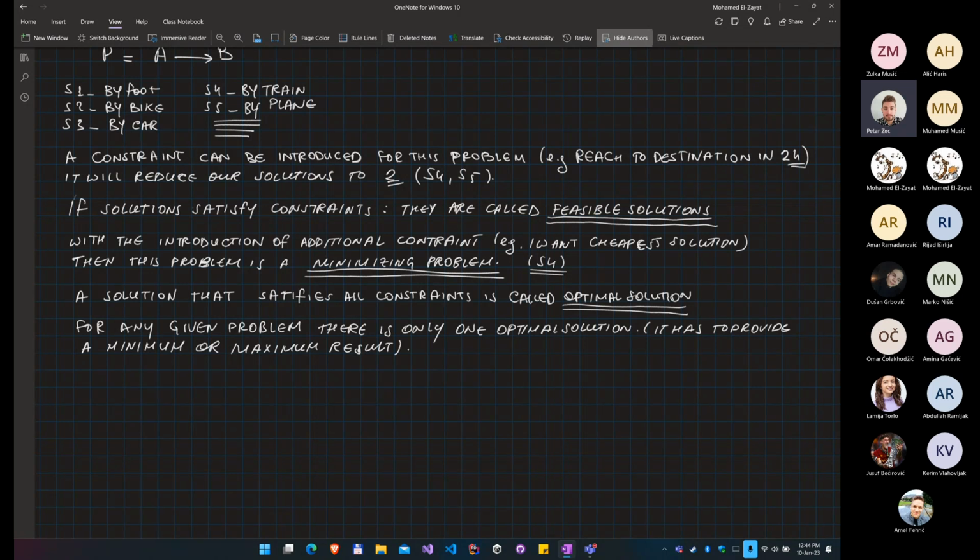So this is basically it. So basically speaking, greedy methods are used for solving optimization problems.